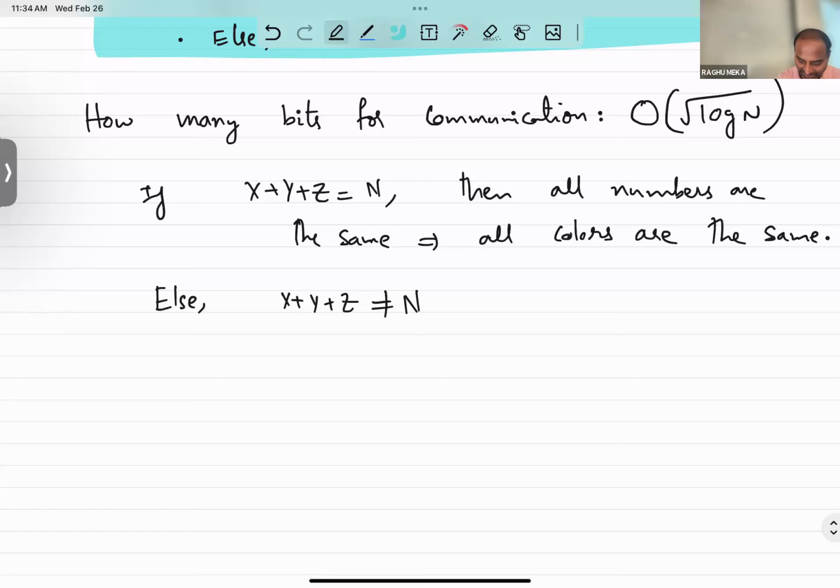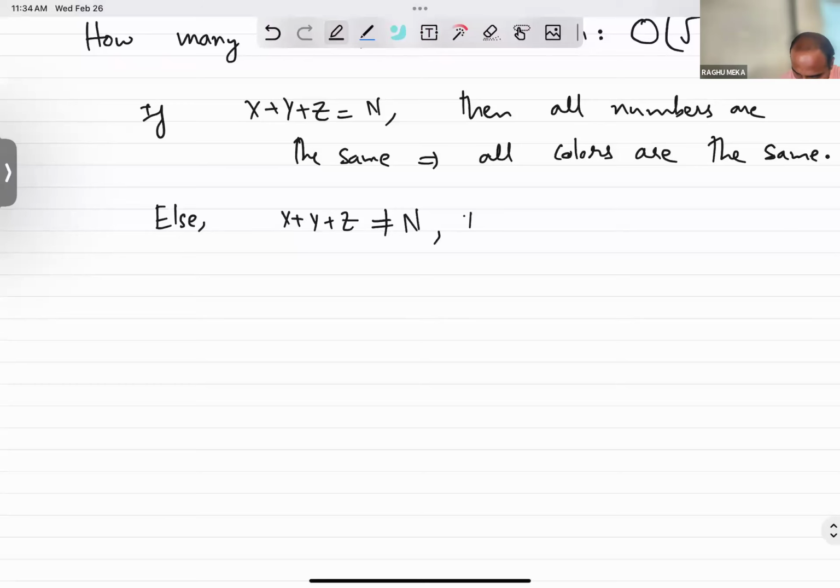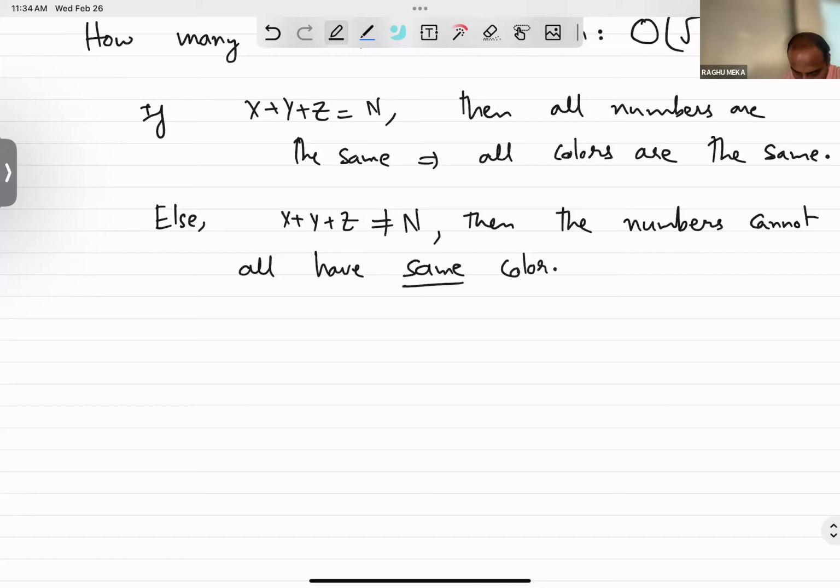So the numbers cannot all have the same color. Why is that?